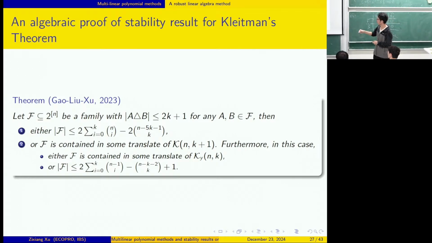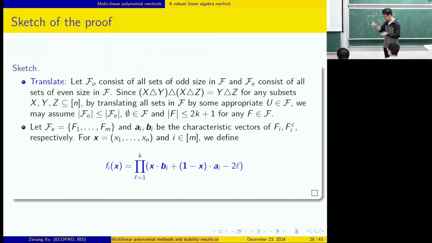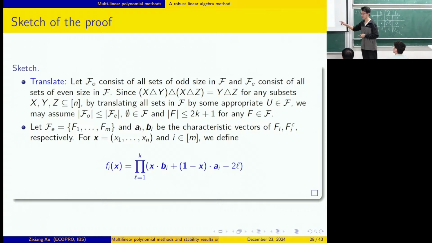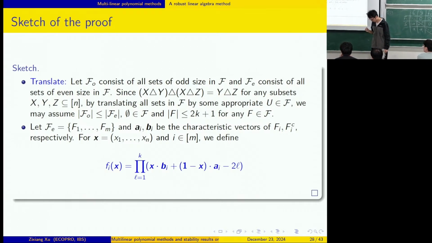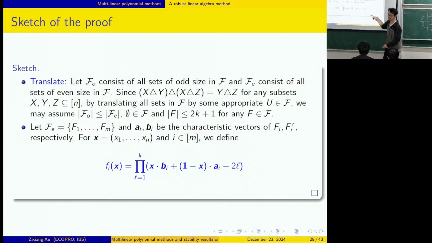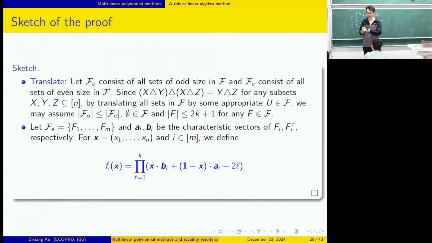So how do we prove this? We just use the linear algebra method. First we translate all of the sets to guarantee that the empty set is contained in the family, along with some extra properties. The main step is that we associate these polynomials with the sets. Those are the correct form to represent the symmetric difference.